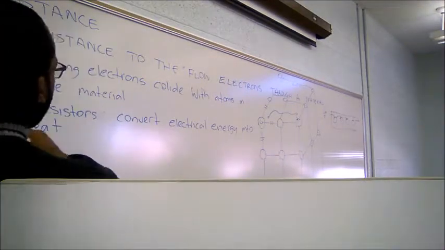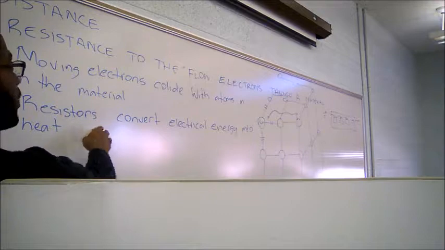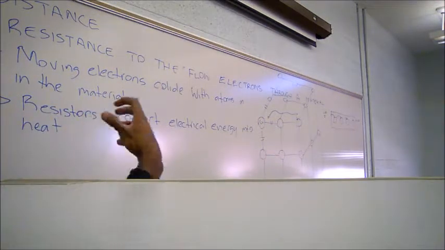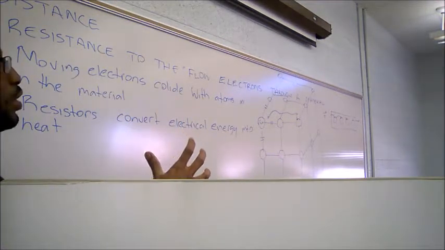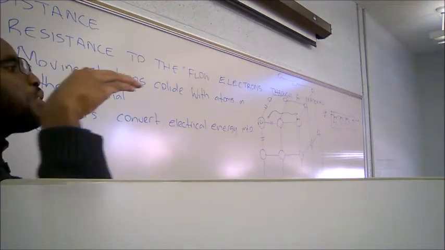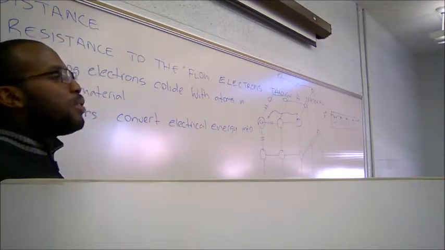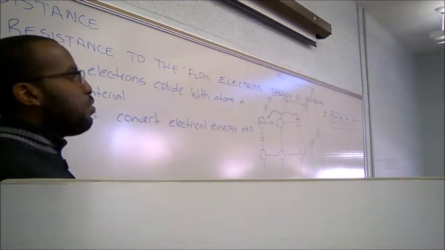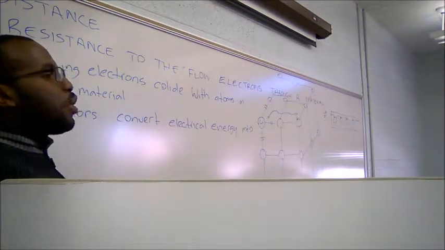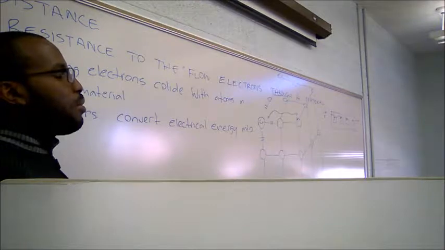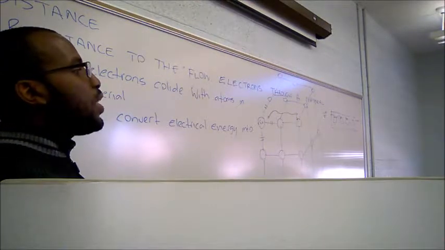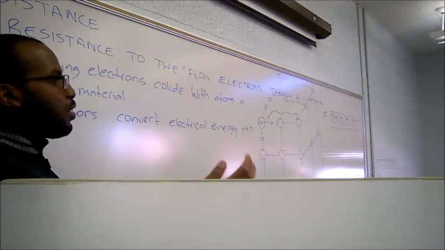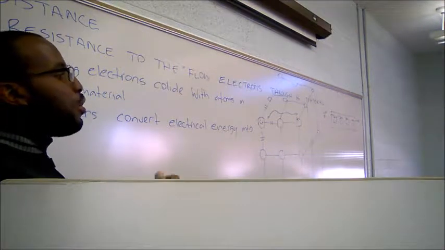What the resistor does is slow down the motion. The electrons were moving with that energy, but because of the resistor, this kinetic energy is converted into heat. In other words, it's absorbed from the electrons. That's why we use resistors to limit the amount of current. In other words, they limit the rate of flow of charge.